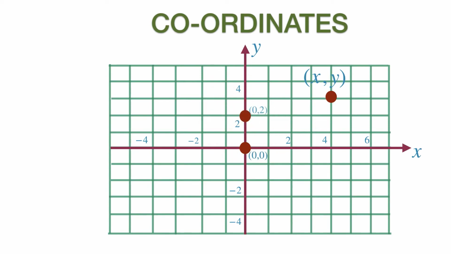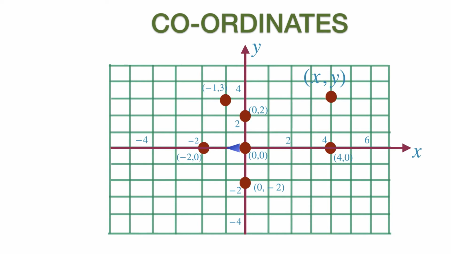The coordinates of 0, 2 is a position 0 units along the horizontal axis and 2 units along the positive y-axis. Similarly, 0, minus 2 is 2 units away from the origin along the negative y-axis. 4, 0 on the other hand is 4 units along the positive x-axis and there is nothing along the y-axis. Minus 2, 0 is 2 units away from the origin along the negative x-axis.